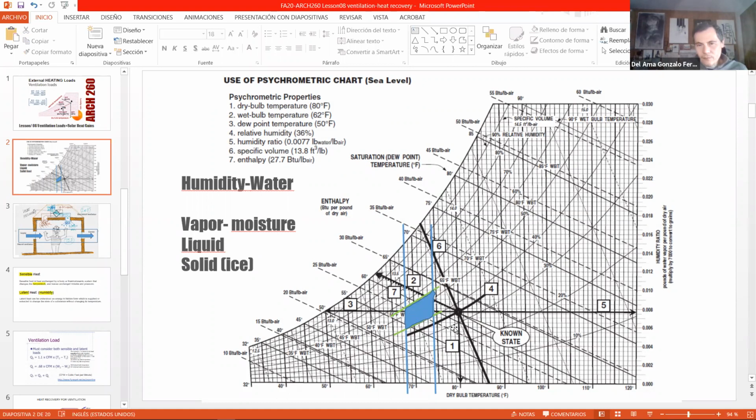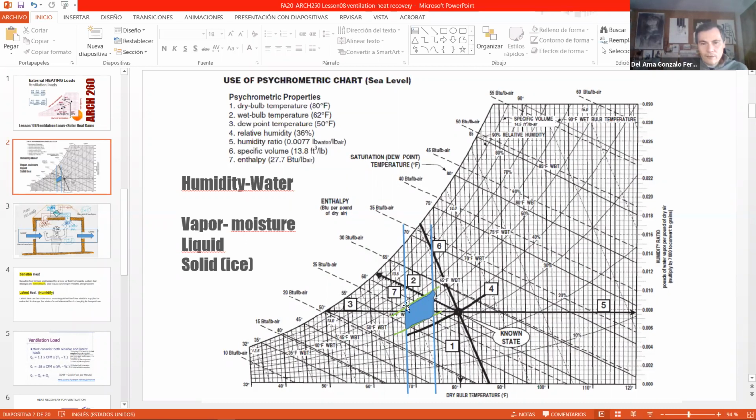Of all these combinations between moisture and temperature, we feel comfort only within those limits, in this hatched rectangle here.